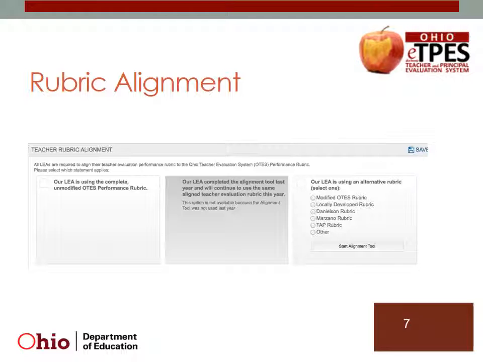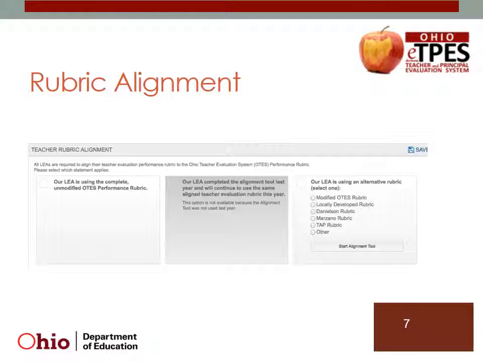The third choice available is for those wishing to use a rubric aligned to OTES, but who have yet to complete the alignment tool. If this is selected, the user will need to complete the alignment tool before proceeding to the next step.